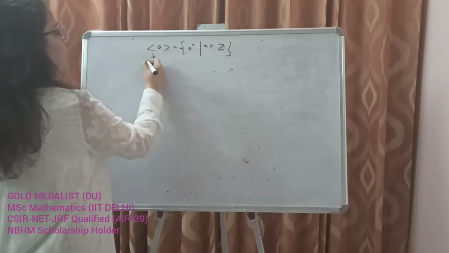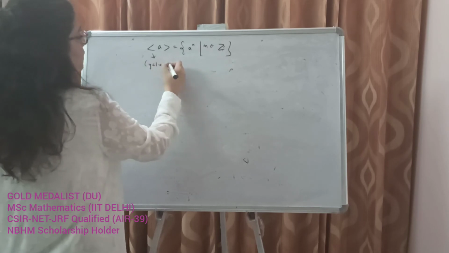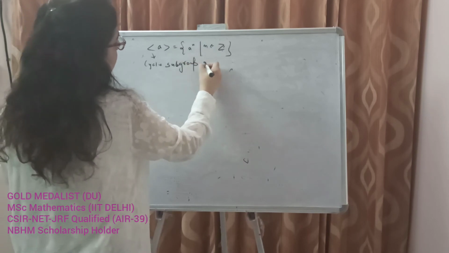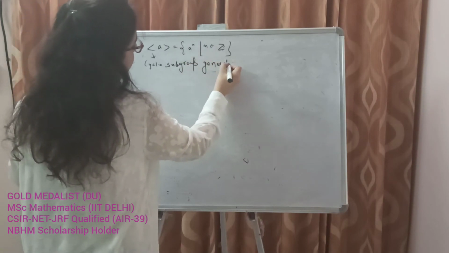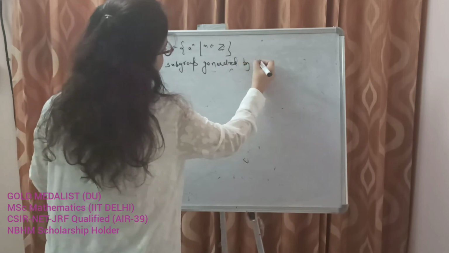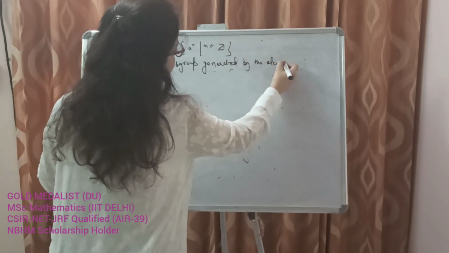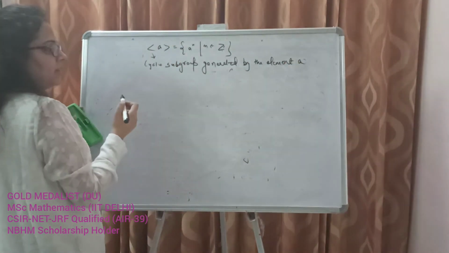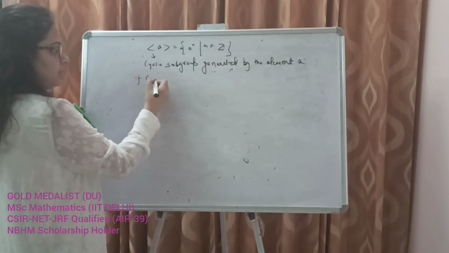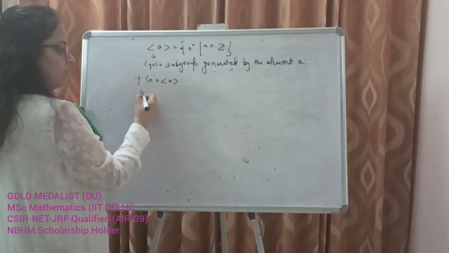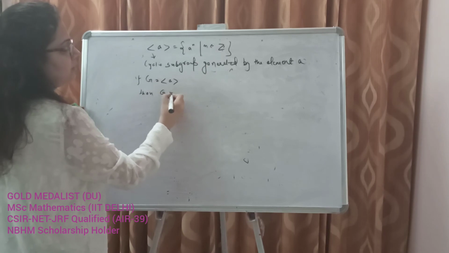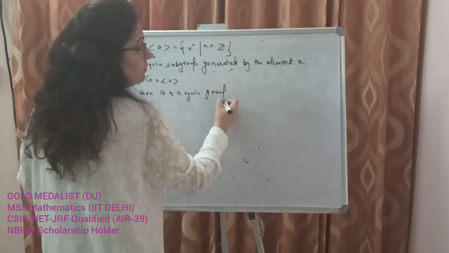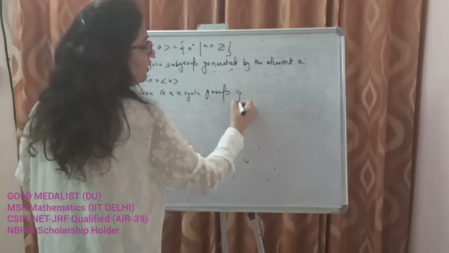This is called the cyclic subgroup generated by the element A. Correct? So this is the cyclic subgroup generated by the element A. If at all G becomes equal to this, then we say that G is a cyclic group generated by A.